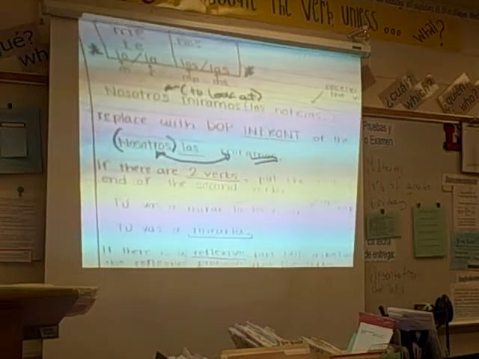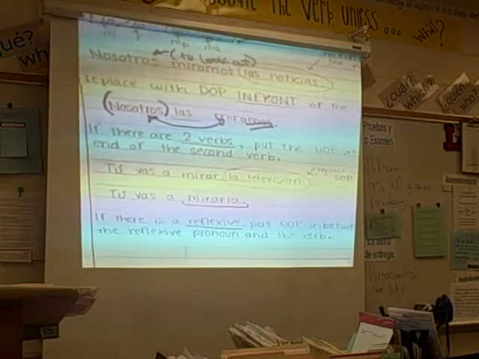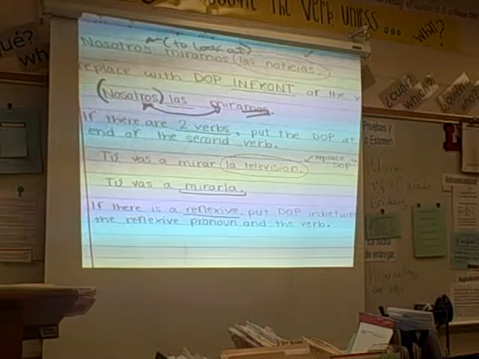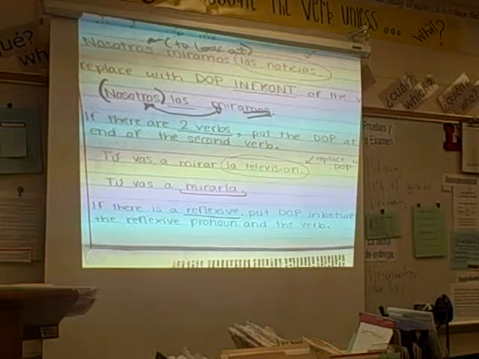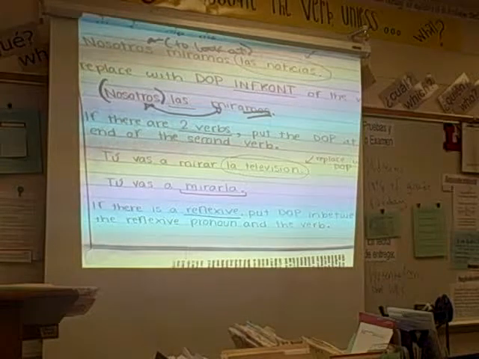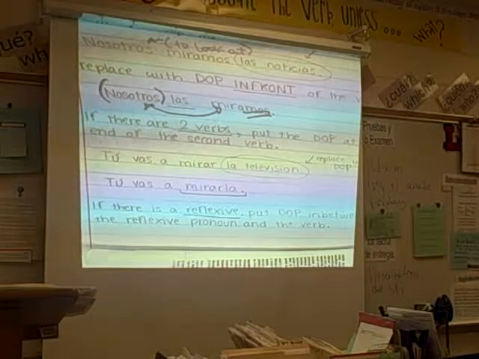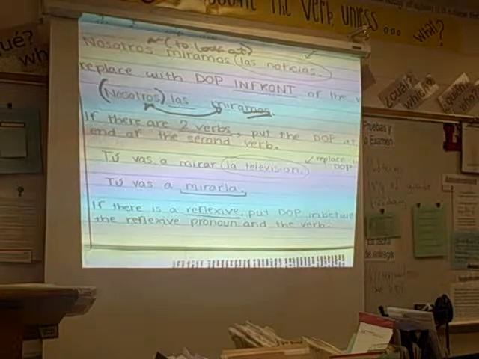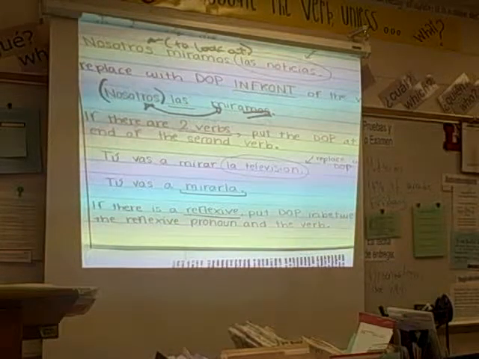And if there's a reflexive, because reflexives have pronouns that go along with them as well, like me, te, se, nos. And you would put your DOP in between the reflexive pronoun and the verb. So if it was like you are washing the mirror or something, then you would put me, your DOP for mirror, and then whatever the reflexive verb is.